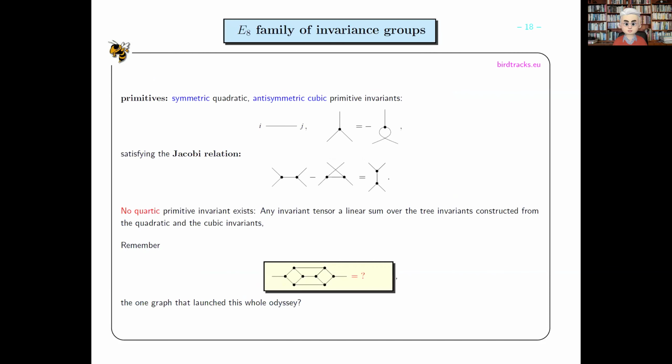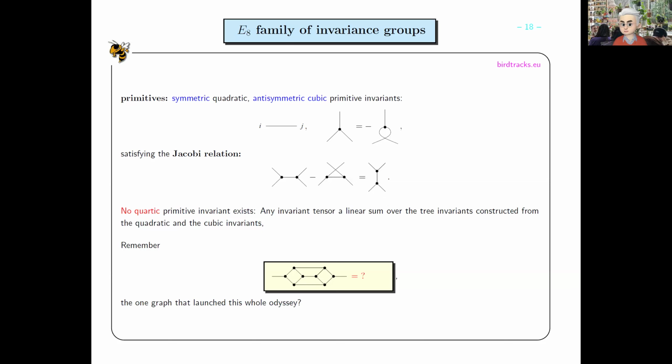And now a remarkable thing happens. Remember, I wanted to compute this diagram. Maybe it contributes to the beta function in quantum chromodynamics or something. But the main feature of it, it has no loops shorter than 4.